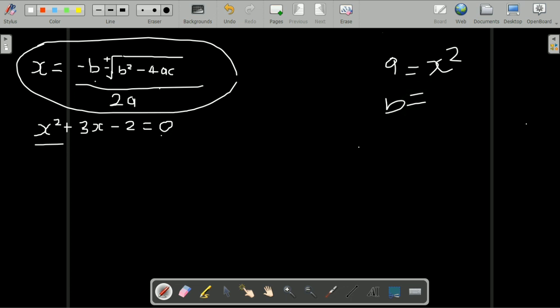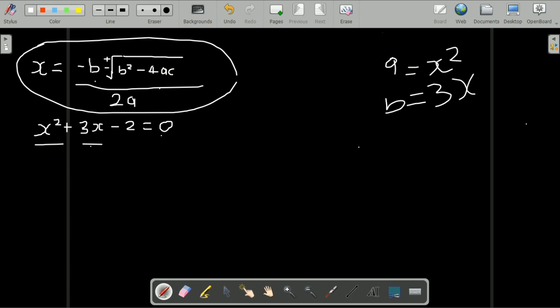We shall just be substituting whatever is there. So B is the coefficient of x, which is the 3x, sorry.